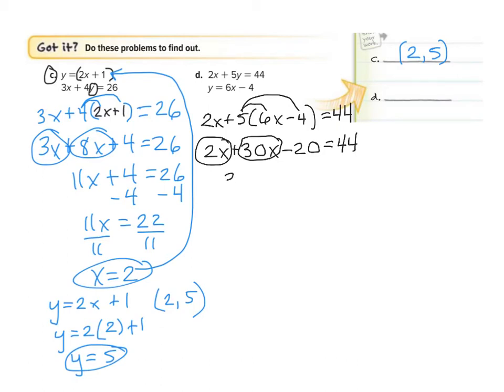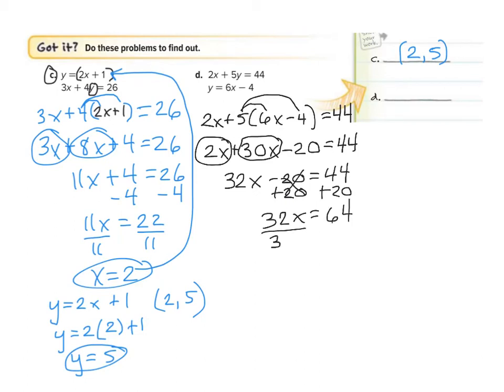So it's 32x minus 20 equals 44. Add 20 to both sides to get 32x by itself, and this becomes 0, so we have 32x equals 44 plus 20, which is 64.